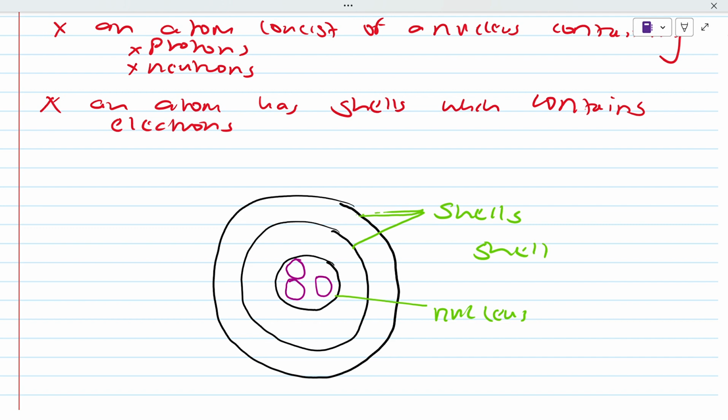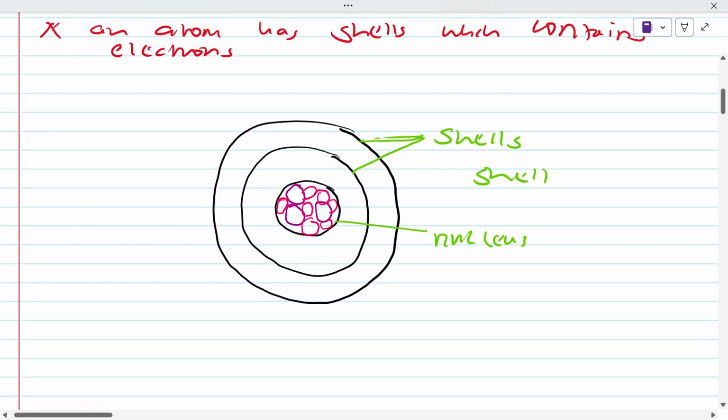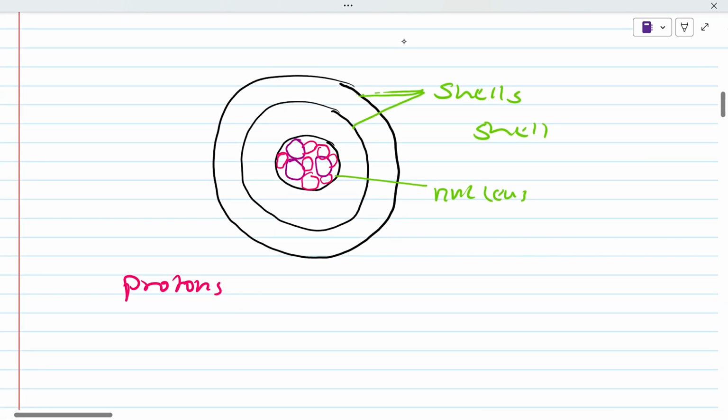Let me use a different color. Now, I'm going to have protons, and the other color is going to represent neutrons.